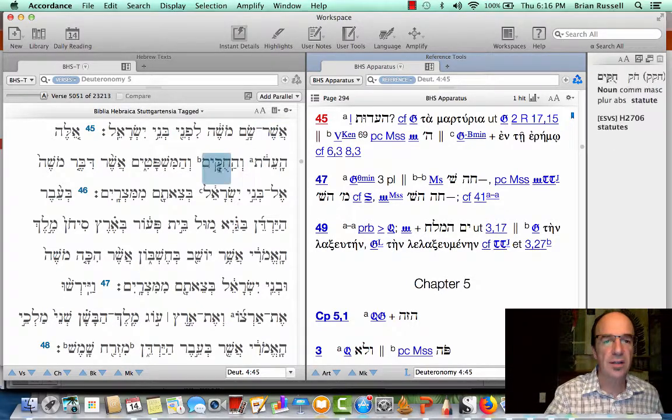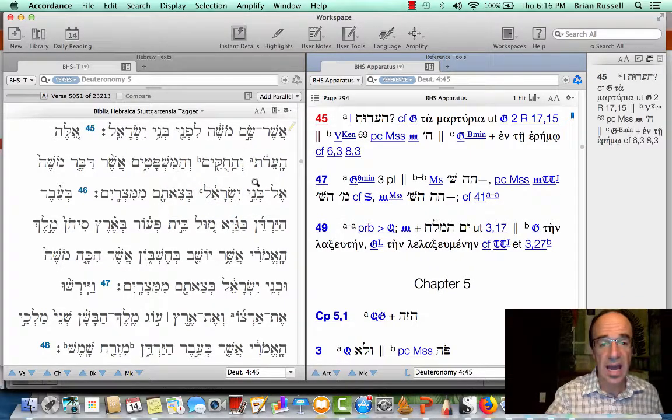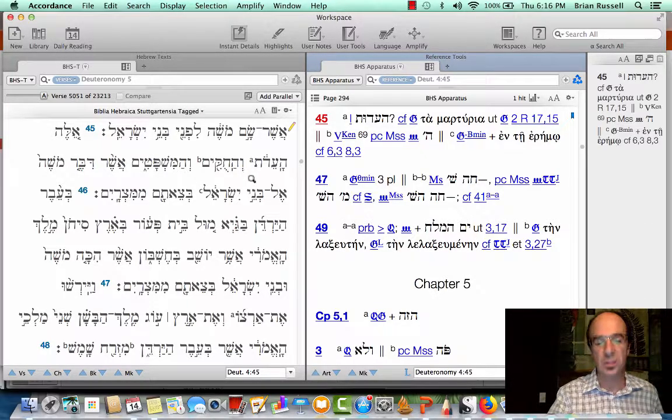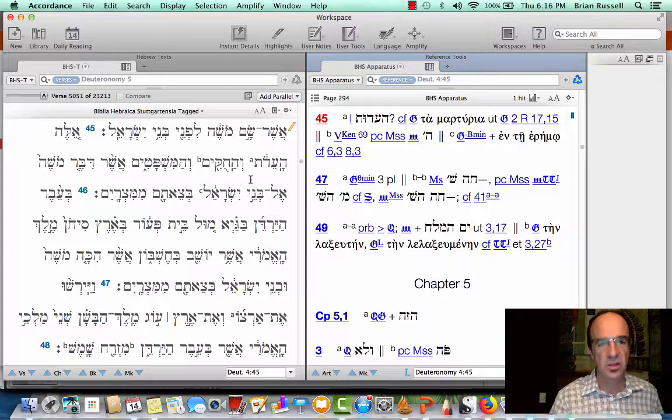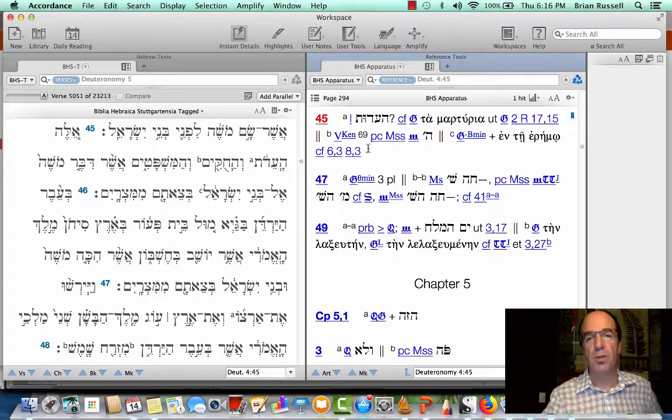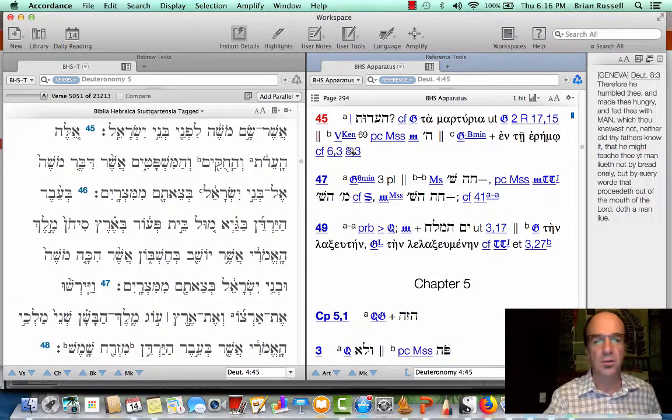Again, looking at the context, we do note that we have a series of nouns. It doesn't necessarily have to have the Vav, but it seems to make sense in the context here, and so there's really no reason to change the Masoretic text, as it works pretty well in this context. And there's essentially limited support. We just have a few medieval manuscripts and the Samaritan Pentateuch.